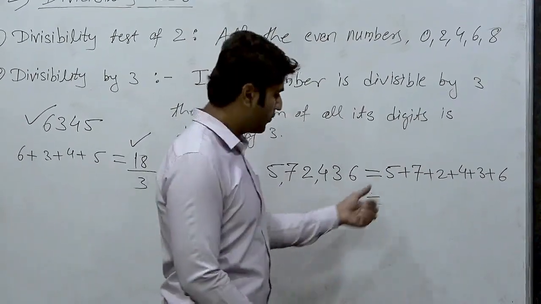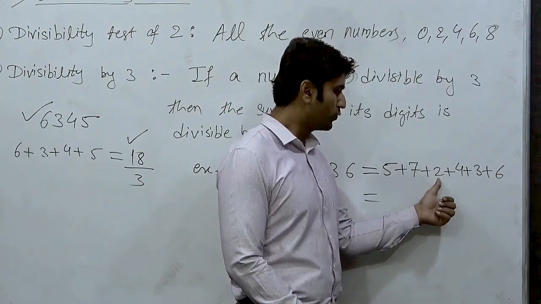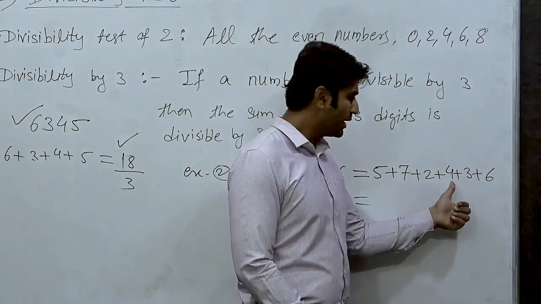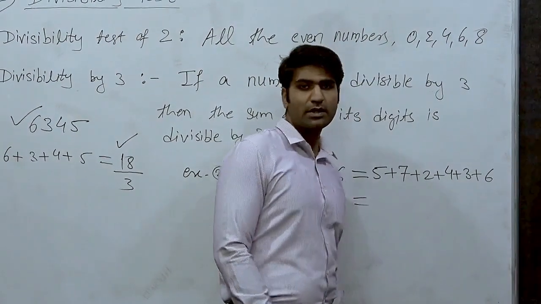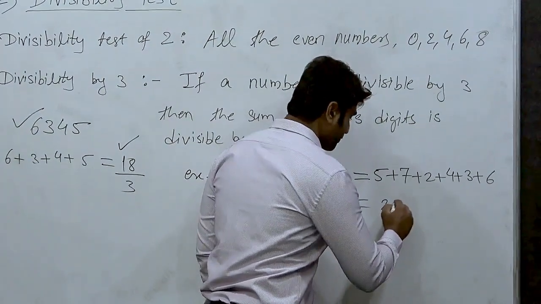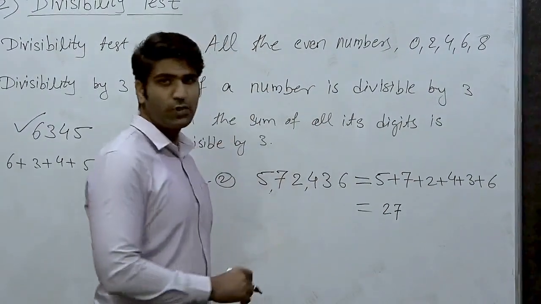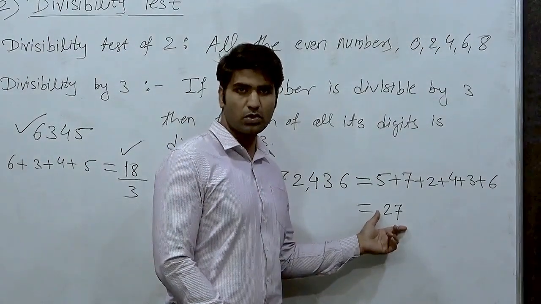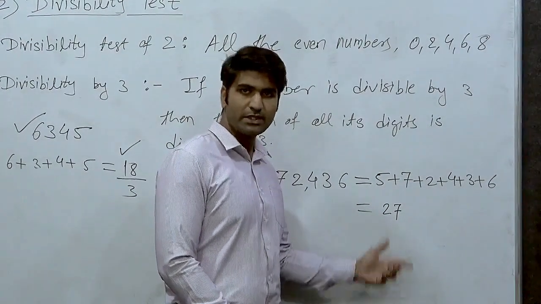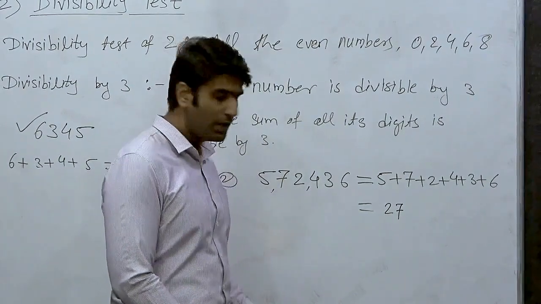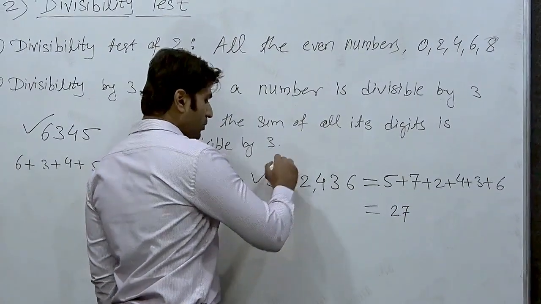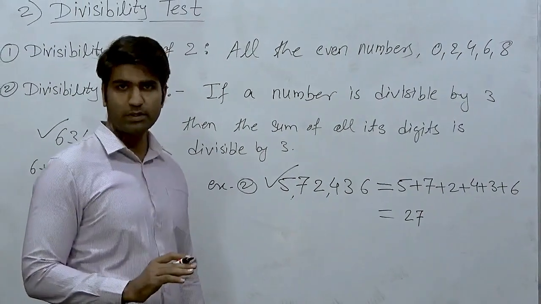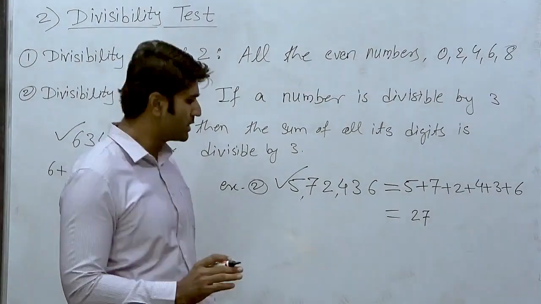What will be the sum? 5 plus 7 is 12, plus 2 is 14, plus 4 is 18, 18 plus 9 is 27. So the sum is 27. Check whether 27 is divisible by 3 or not. Yes, 27 is divisible by 3. Therefore, the whole number is divisible by 3.